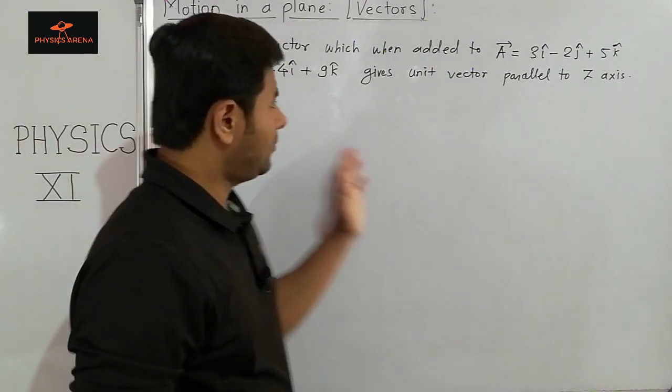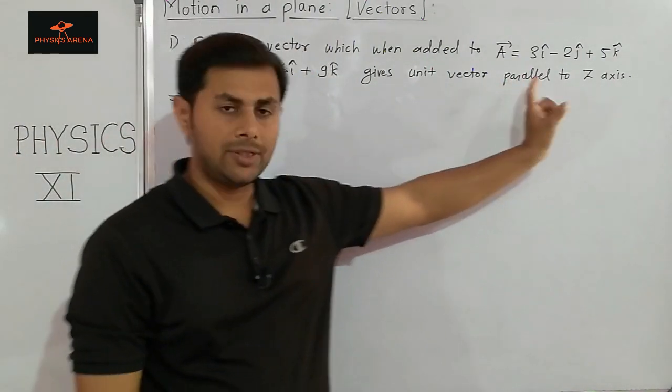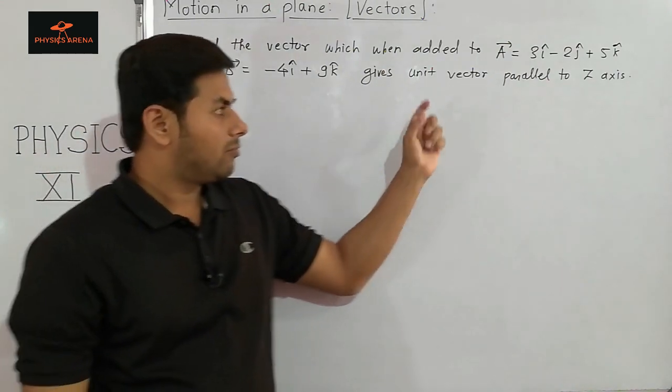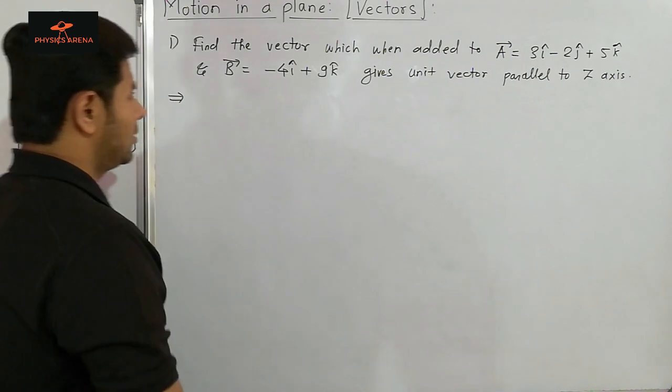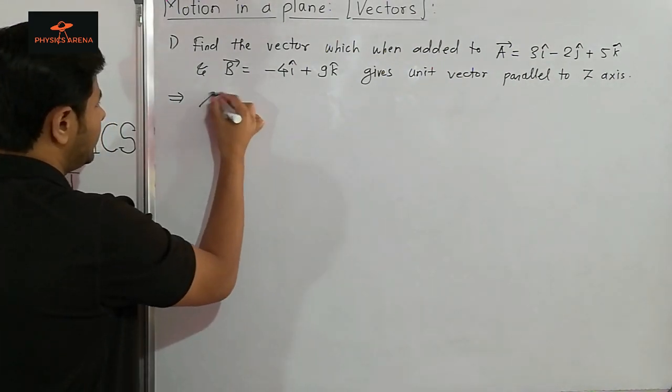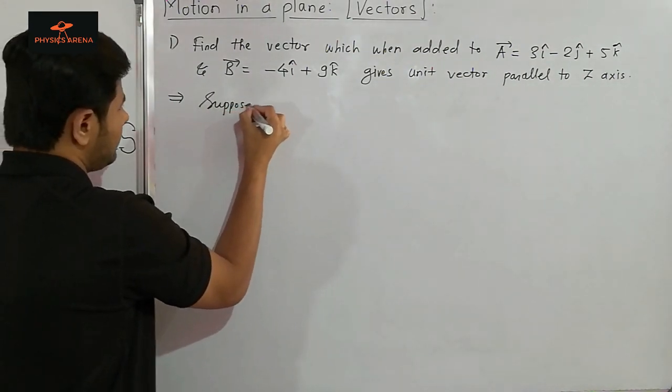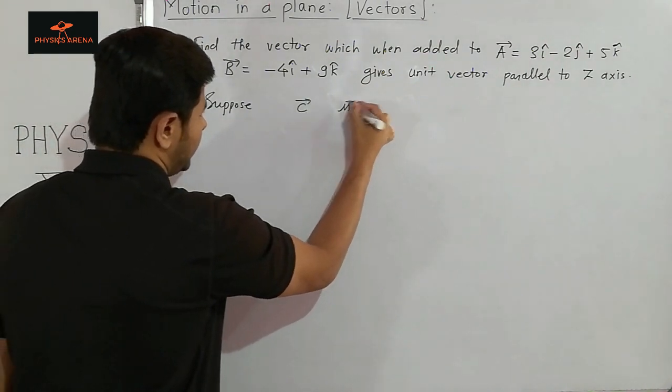So we have to find a vector which when added to this a bar and b bar will give us a unit vector along z-axis. So suppose c bar is the required vector.